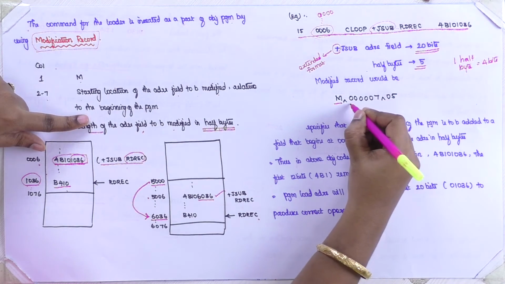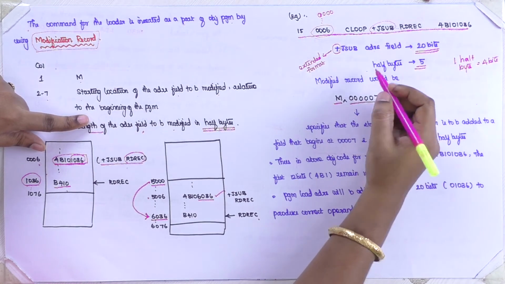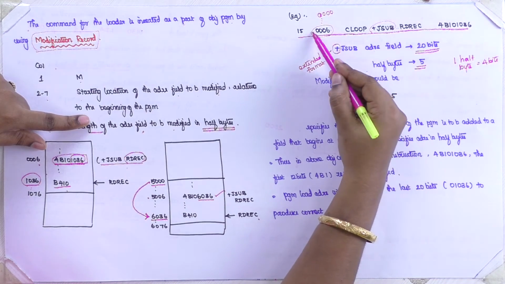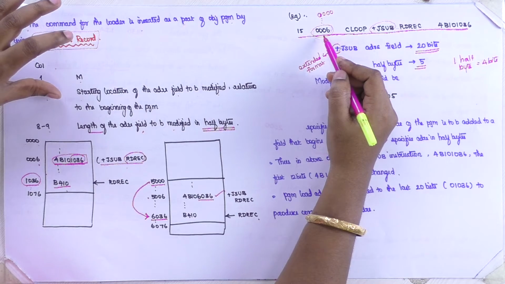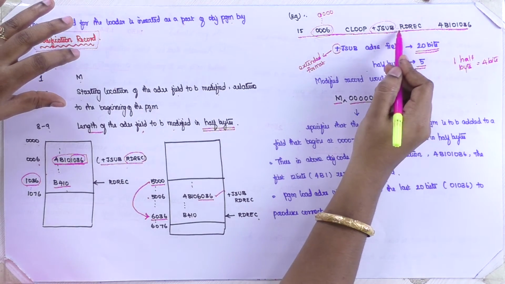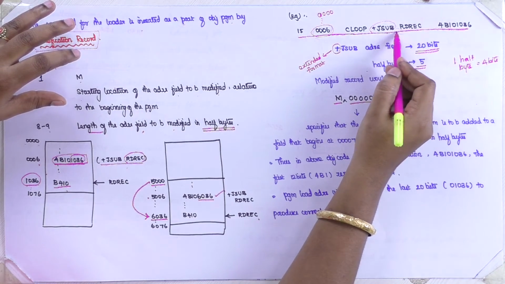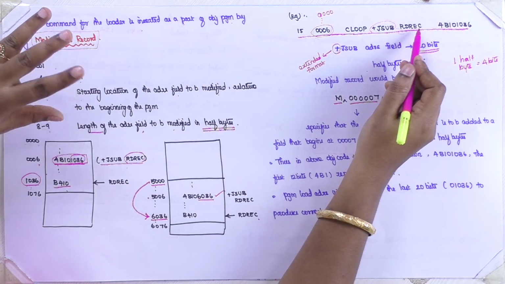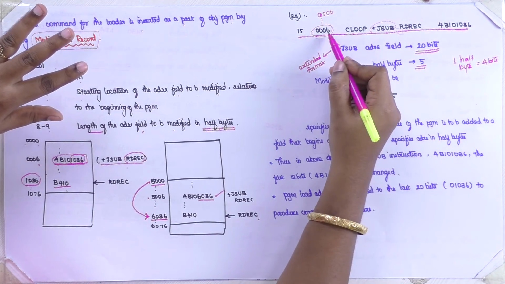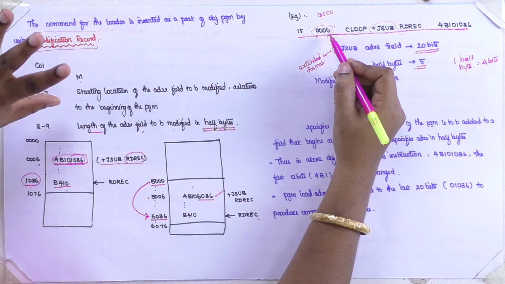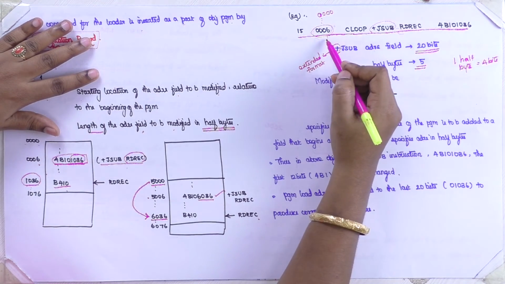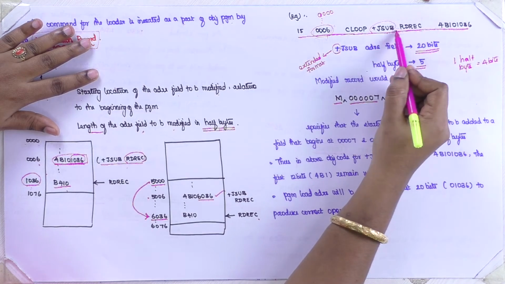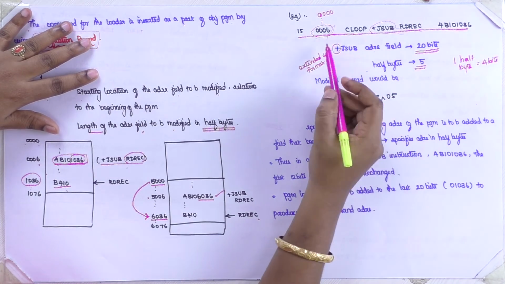Usually the starting address has to be added with the location counter value. If the location counter value is 1006, the starting address of the address to be modified for the instruction for which the modification record has to be written is location counter value plus 1. Keep that in mind. So the location counter value plus 1 will give the starting address of this instruction.